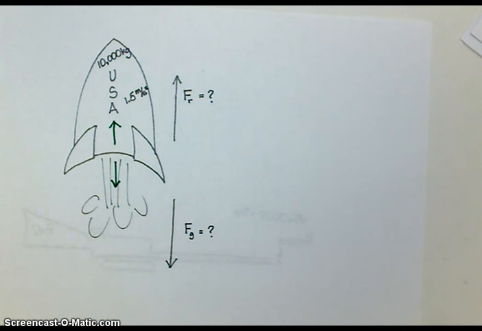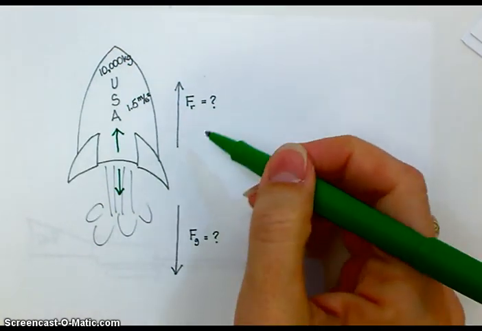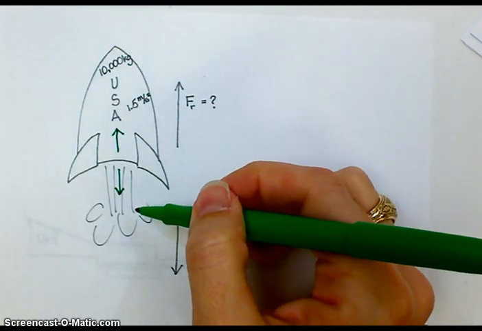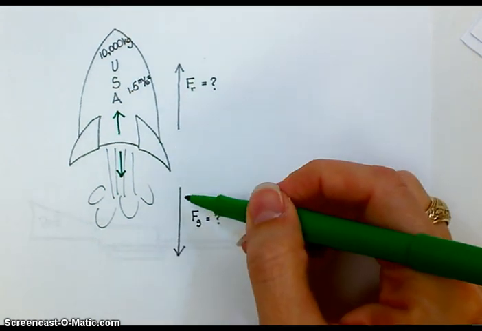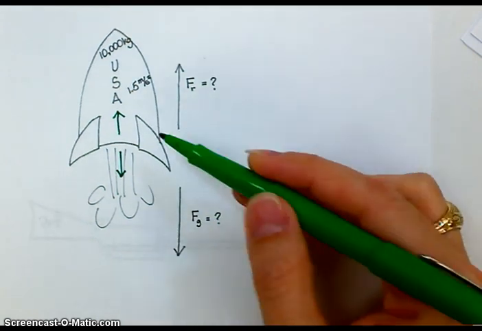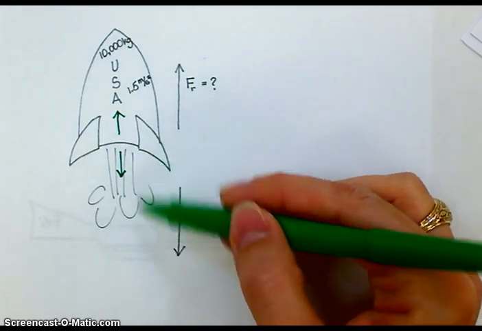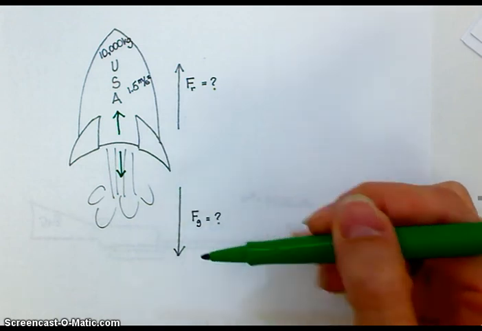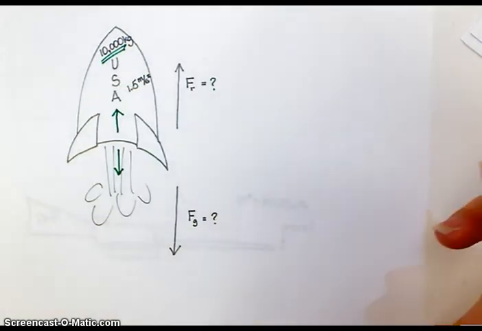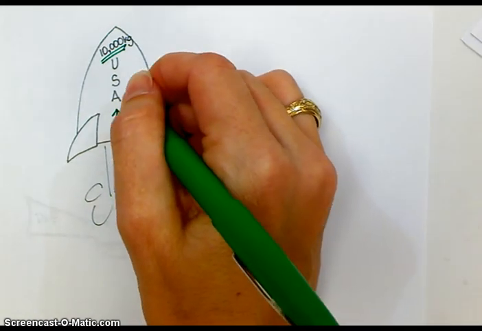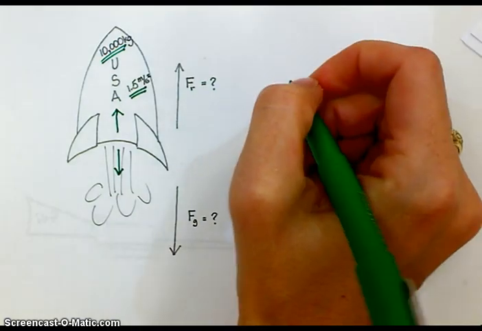Okay, sorry about that. Okay, so the force by the gases on the rocket to make the rocket go up is equal and opposite to the forces that the rocket exerts to push the gas out the bottom to make the gases go down. Now, I put on here that the rocket is 10,000 kilograms and that it is accelerating at a rate of 1.5 meters per second squared.